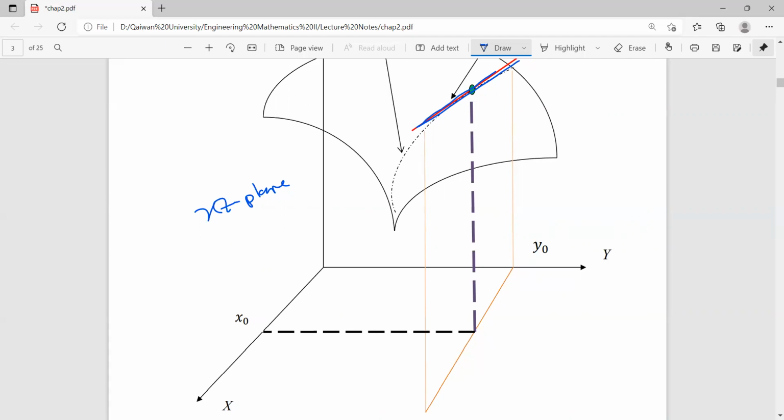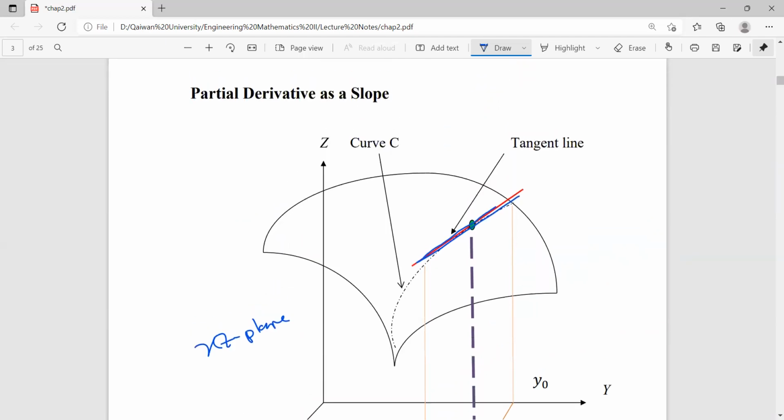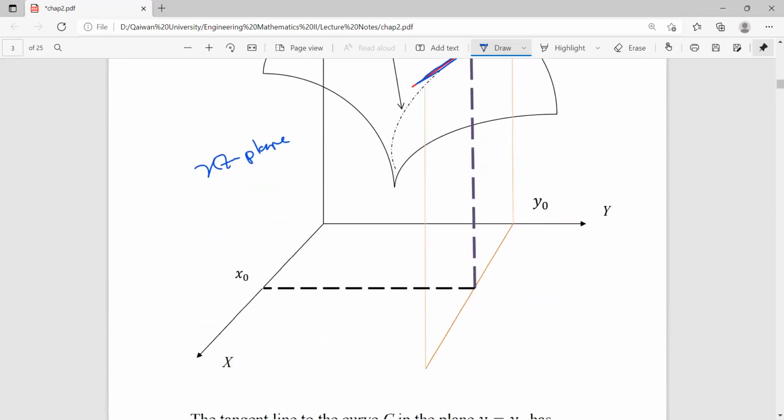It's just to know the direction of the tangent line. Look, the tangent line is parallel to what? It is parallel to the xz plane. Let's say this is a plane. Here we have a curve like this.